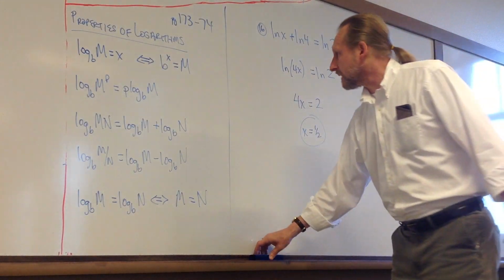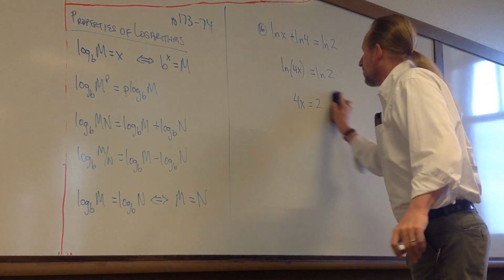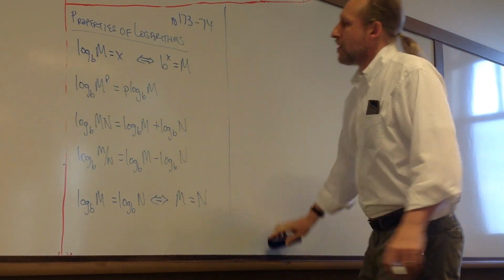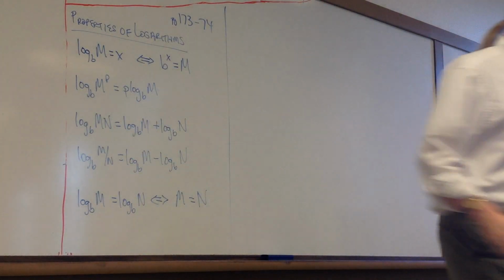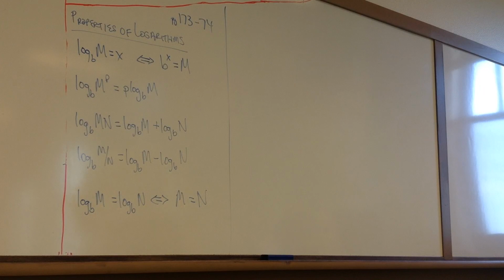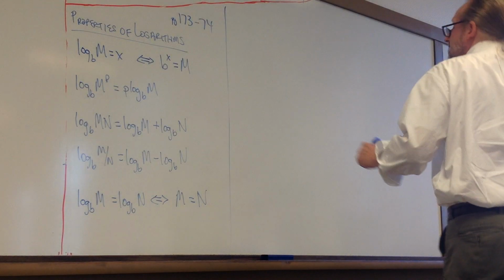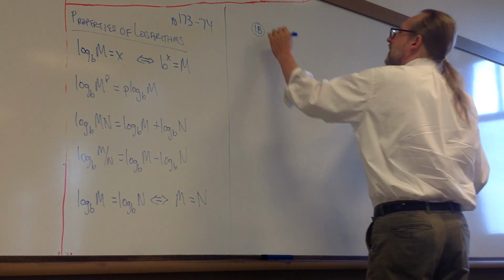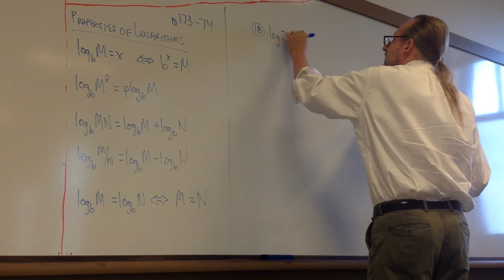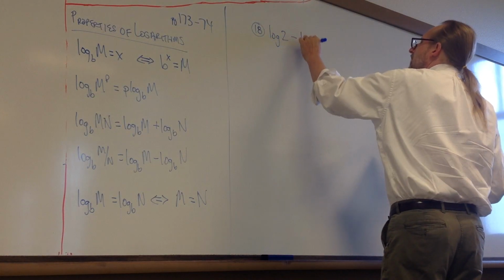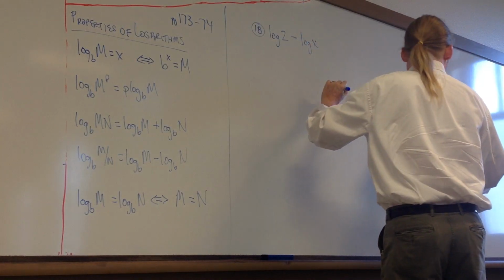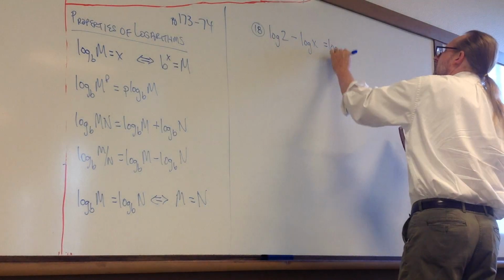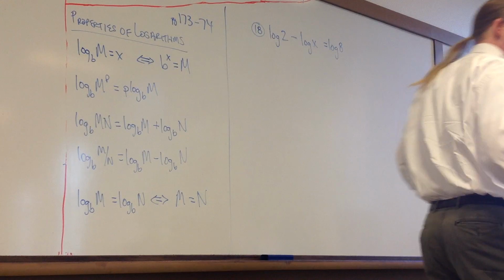Like I said, it's a pretty simple problem here, just kind of getting used to these ideas. Let's see, problem 18. We've got log to the base 10 of 2 minus log to the base 10 of x equals log to the base 10 of 8.